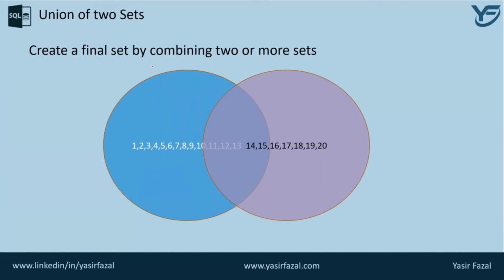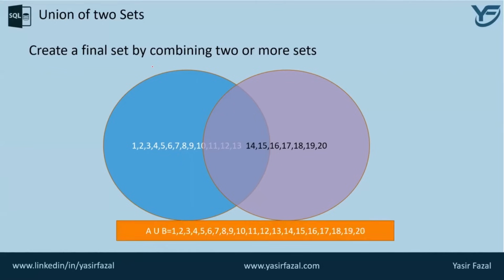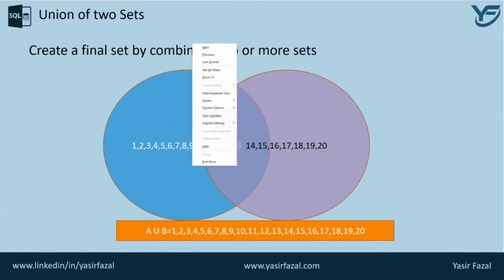This is called the union of a set, and the resultant set will be named as the union. So what shall we get? We shall get A union B, and all the numbers that are actually present.